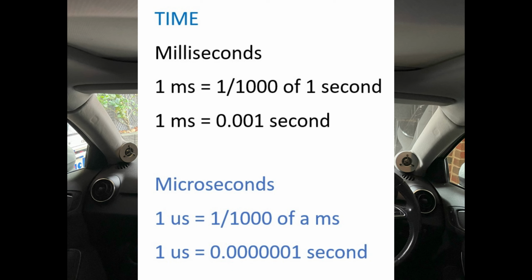And a microsecond is 1/1000th of a millisecond, so it's 10 to the power of -6 of a second, or 0.000001 of a second, and it's expressed with this little strange Greek shape. But the key takeaway is a millisecond is 1/1000th of a second, and a microsecond is 1/1000th of a millisecond.